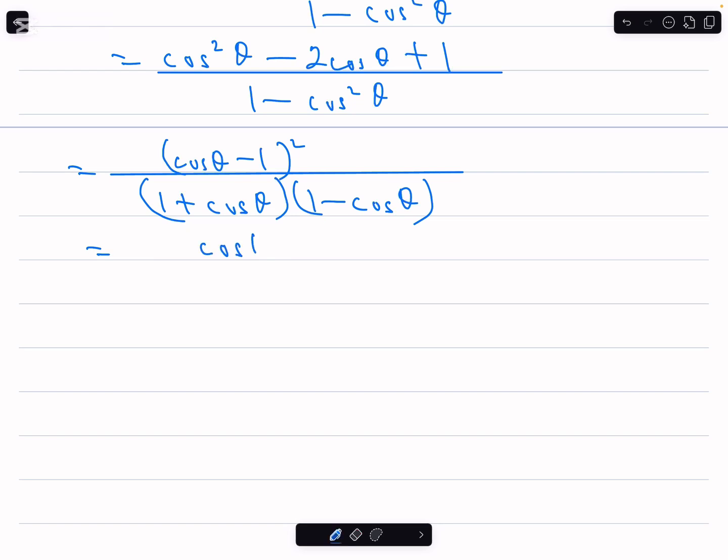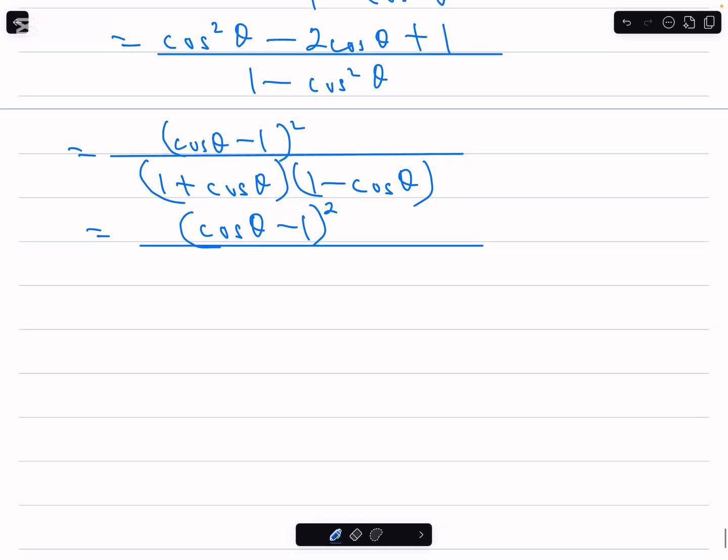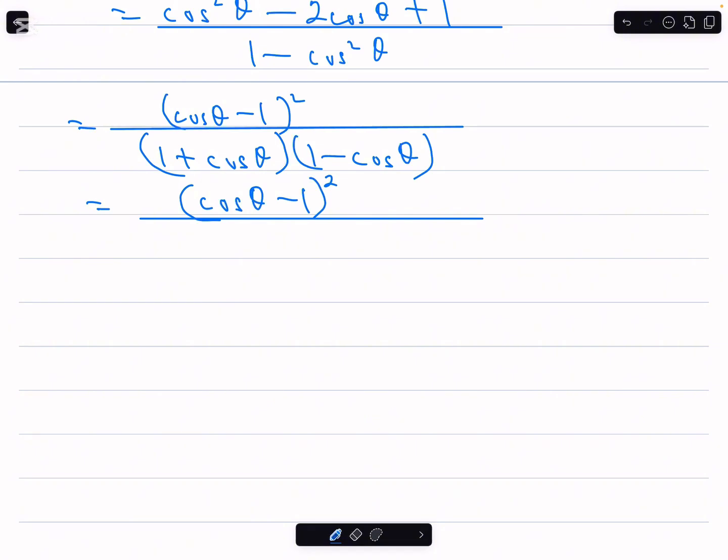The numerator is the square of cos theta minus 1, divided by, I want to find a way to write one of the denominators as cos theta minus 1. So this one is 1 plus cos theta. Let me leave this one as it is, 1 plus cos theta. Now it is this one I'm going to write as 1 minus cos theta.